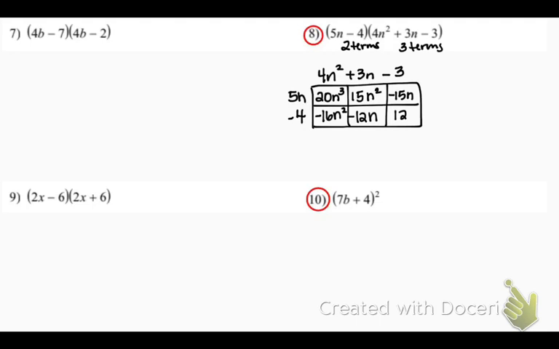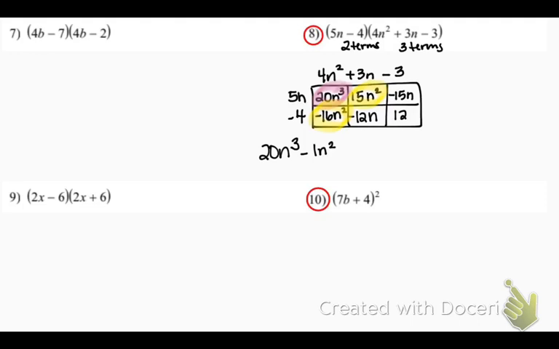So now all I have to do is combine like terms. So I have 20n cubed. It doesn't have any like terms, so that's going to just be 20n cubed. Okay, and the next I have a 15n squared, and I actually do have another n squared. So 15n squared plus negative 16n squared is going to give me a negative 1n squared.